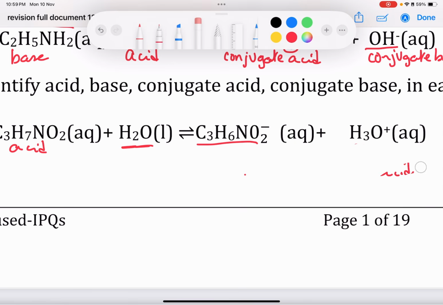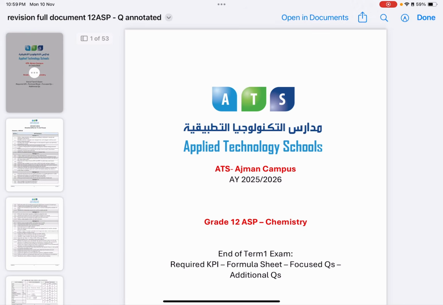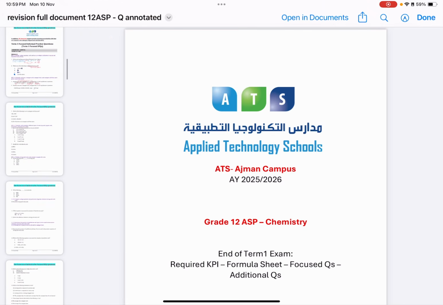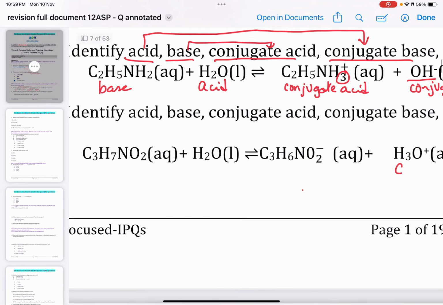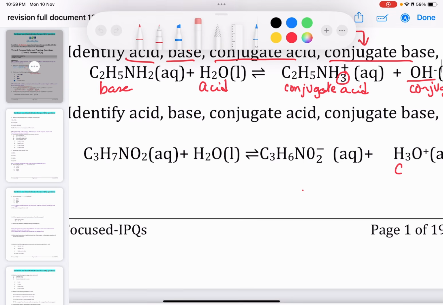Now the other way, let's look at how the H+ is being transferred between these two substances. So here we go. We have here 2 hydrogens, and now they became 3. And we had here 7, and now they're just 6.